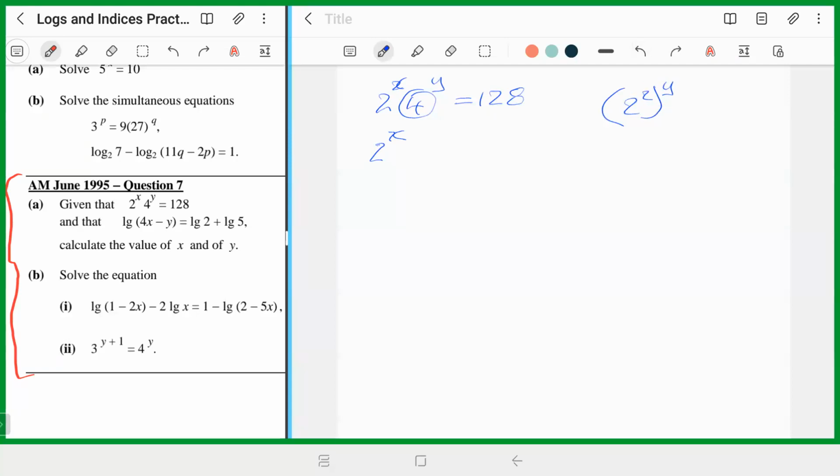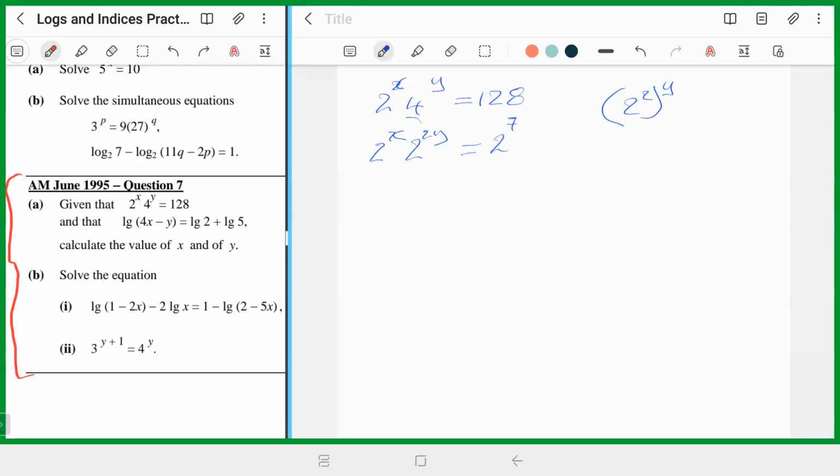And 128 is what? 2 to the what? 2 to the 7th power. Check it for me: is that correct? Yes, 128 is 2 to the 7th power.